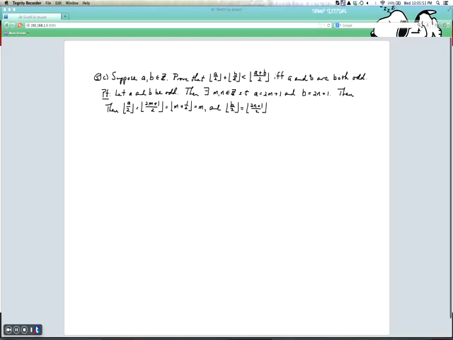This is 2n plus 1 over 2, which is n plus a half, equals n. Okay, so whatever those integers are, when we look at a over 2 floor, b over 2 floor, those are the numbers we get.